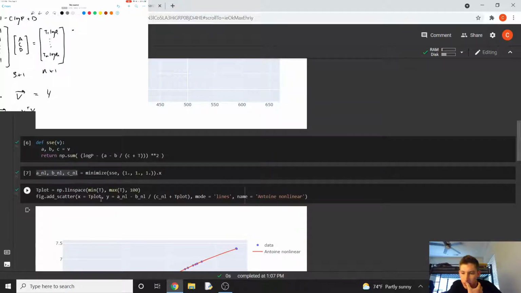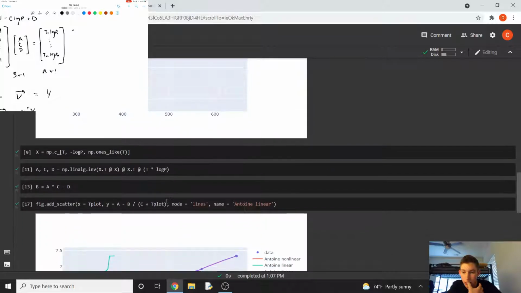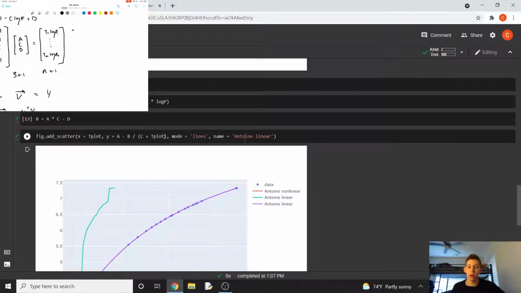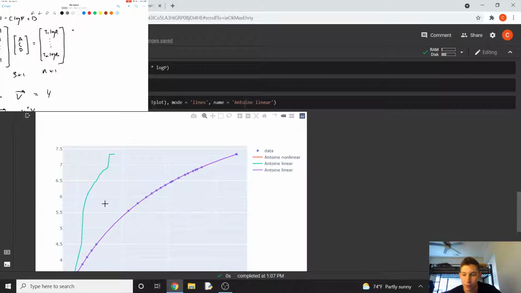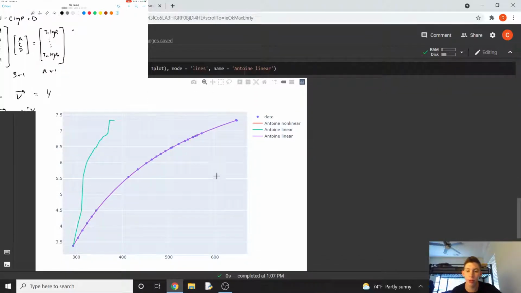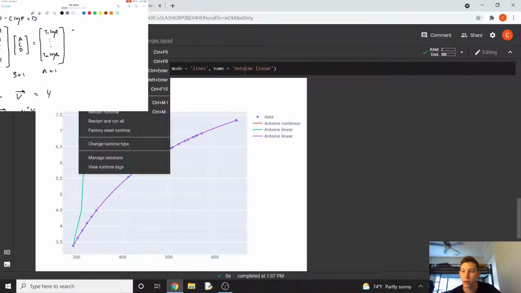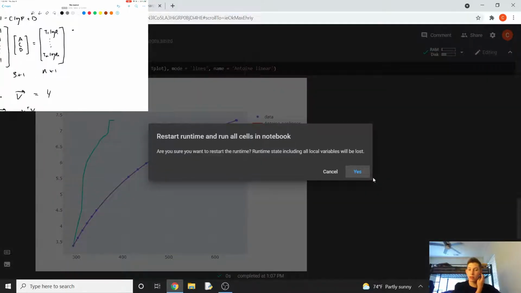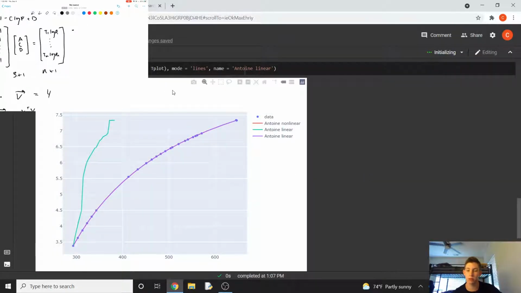Let's see how I did it up here. Okay, A minus B. Oh, yes. So let's restart and run all, because it was just a matter of the T and T plot.